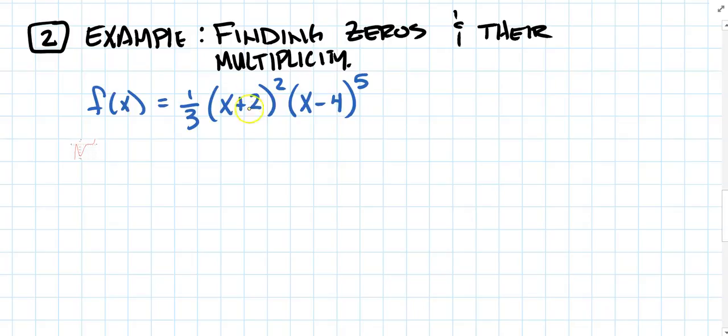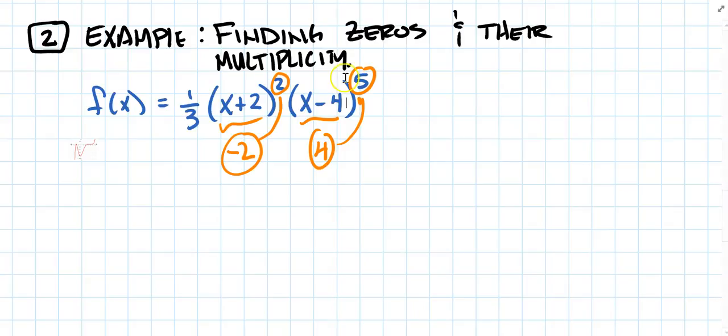So I can see right away that negative 2 is going to be a zero, and negative 2 has a multiplicity of 2, so it's going to turn around at negative 2. I can see from x minus 4 being a factor that positive 4 is a zero, and it has a multiplicity of 5. So at x equals 4, the graph is going to pass through.